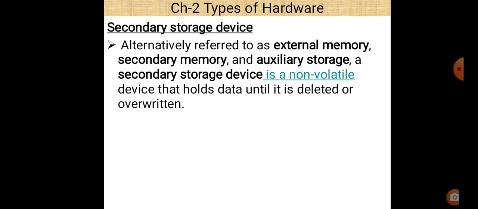So data is stored permanently in a secondary storage device, and that's why it is called non-volatile memory. Always remember that it is a non-volatile memory, which means we can store data permanently in a secondary storage device.